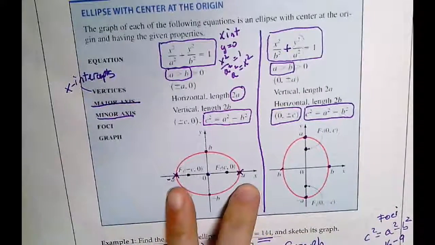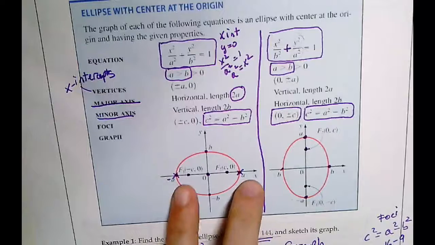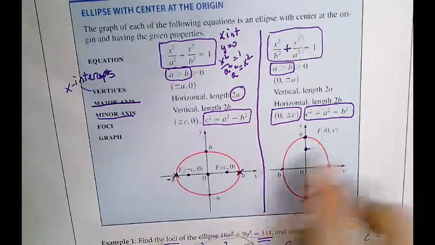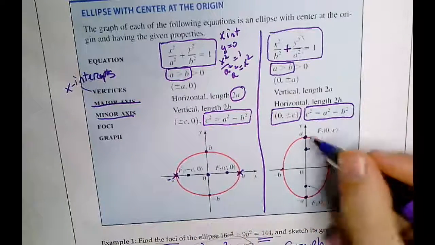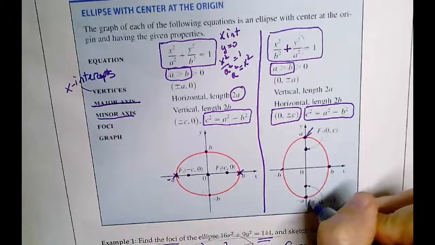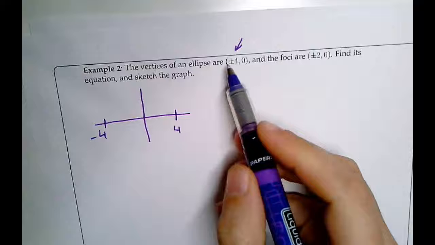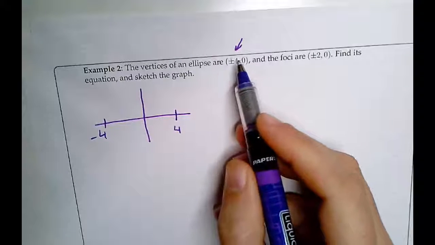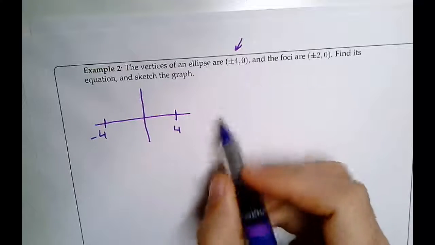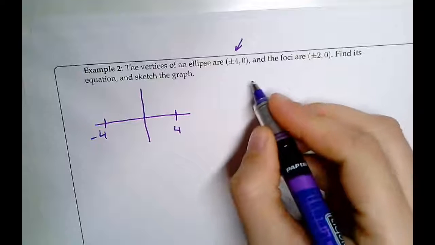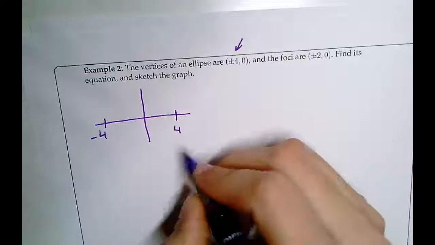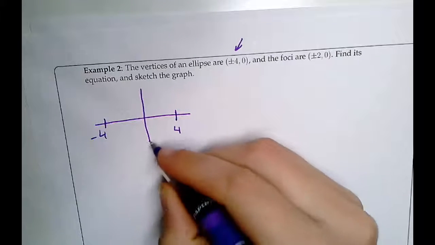If the foci are on the x-axis, the vertices are on the x-axis. If the foci are on the y-axis, the vertices are on the y-axis as well. So the vertices being plus or minus 4 and 0 tells me I'm in the case where the foci are on the x-axis.